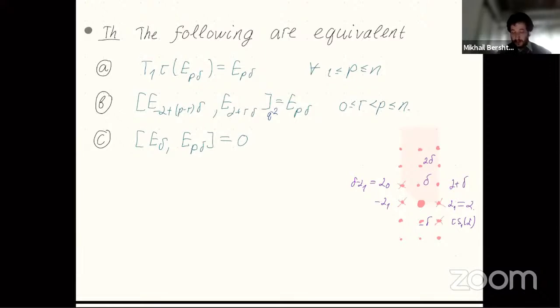And condition C states that the E delta generate a commutative algebra. Okay, any questions about the statement?